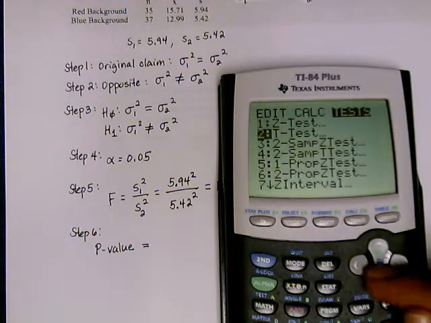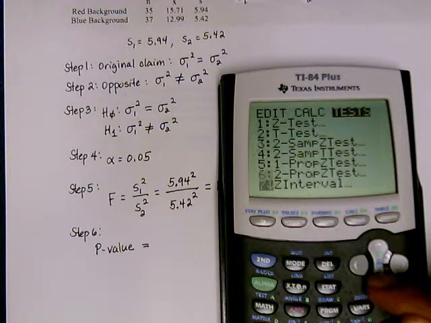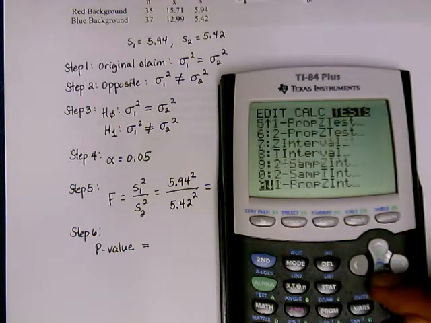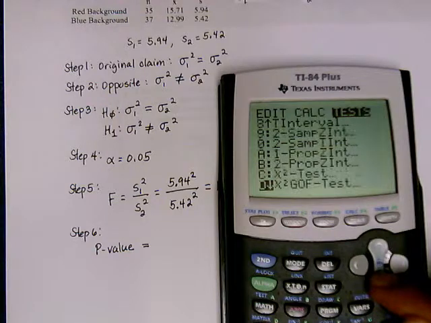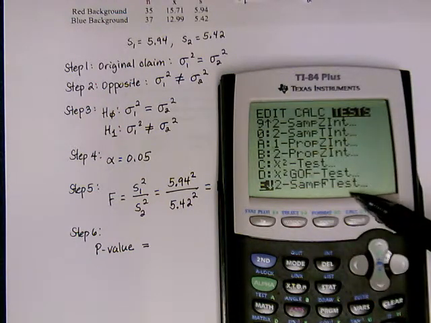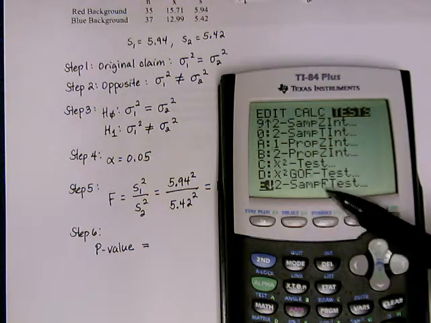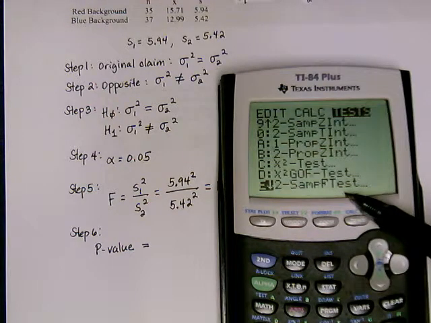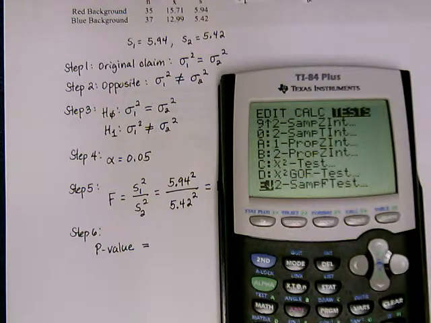Now we're going to hit our down arrow key because the menu item that we're going to be using is going to be 2SAMP F Test. That's this menu option right here, 2SAMP F Test. And then go ahead and press enter.